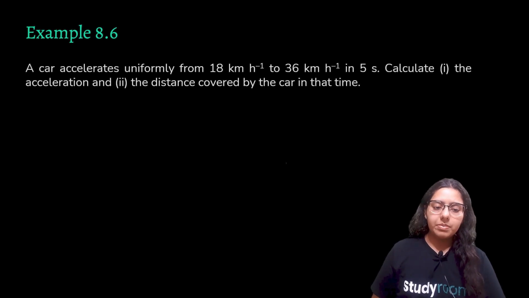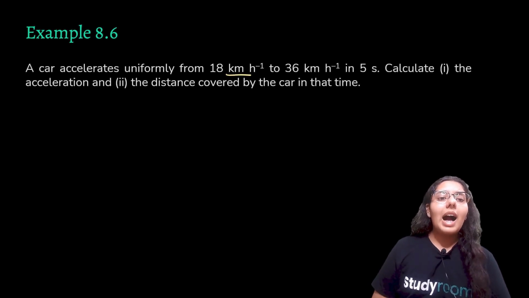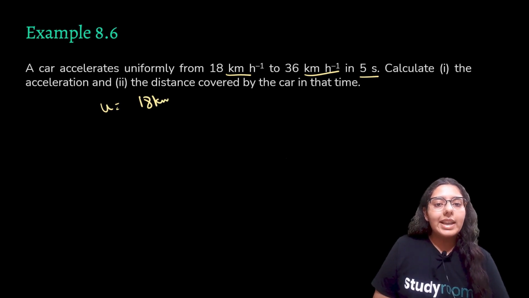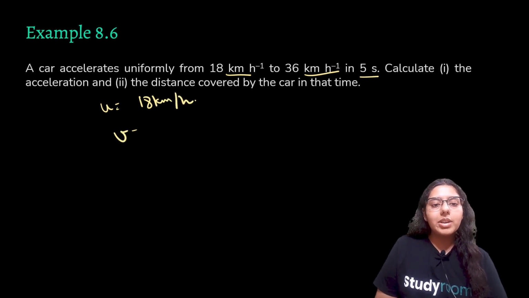Next question. A car accelerates uniformly from 18 km per hour to 36 km per hour in 5 seconds, okay? So, initial velocity was 18 km per hour and your final velocity is 36 km per hour. So, can we convert it into meter per second?